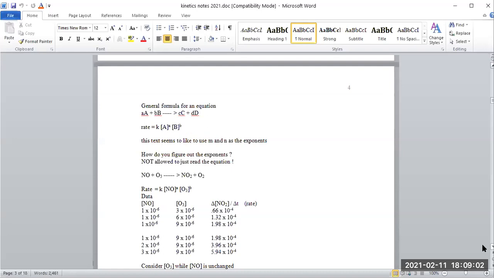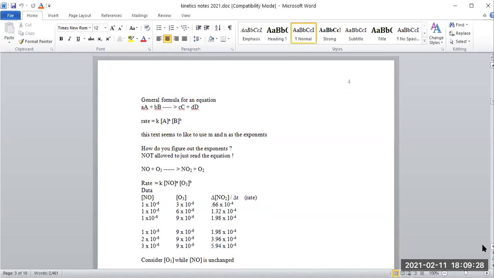This is when you need the data. Most textbooks will give you a chart, because the data may or may not support the coefficients that appear to be in your reaction. Look at my reaction here.